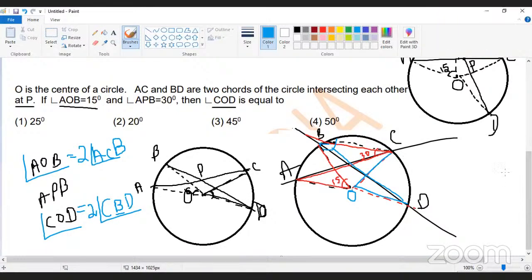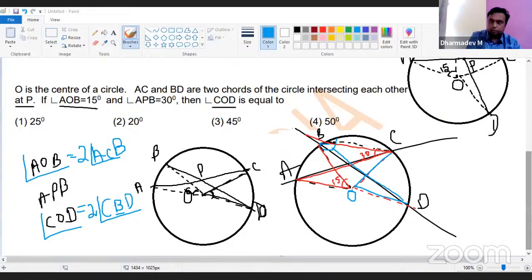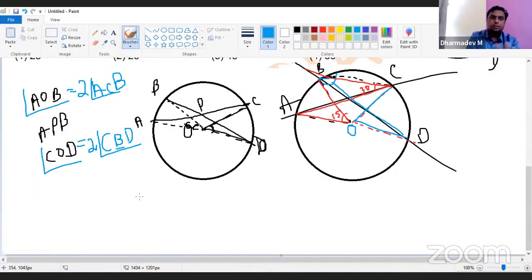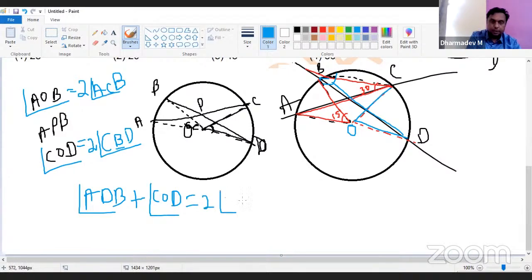Yes, sir. Okay, now for the next one, in this chord question, this same logic is what you're going to use over here. I'm taking the center as O, so angle AOB plus, on the other side, COD, and we know it's getting doubled on the sides of angle ACB, or angle DBC.